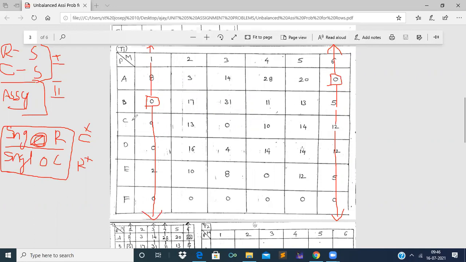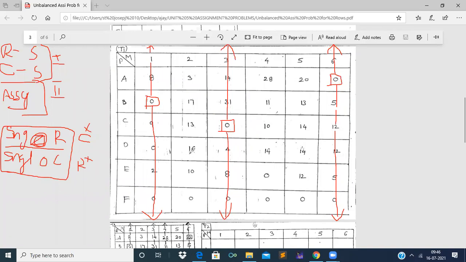Next, let us search for third row. In third row, we find a single zero. Therefore, as we are searching for single zero row, we strike off this third column. Now let us proceed for fourth row.